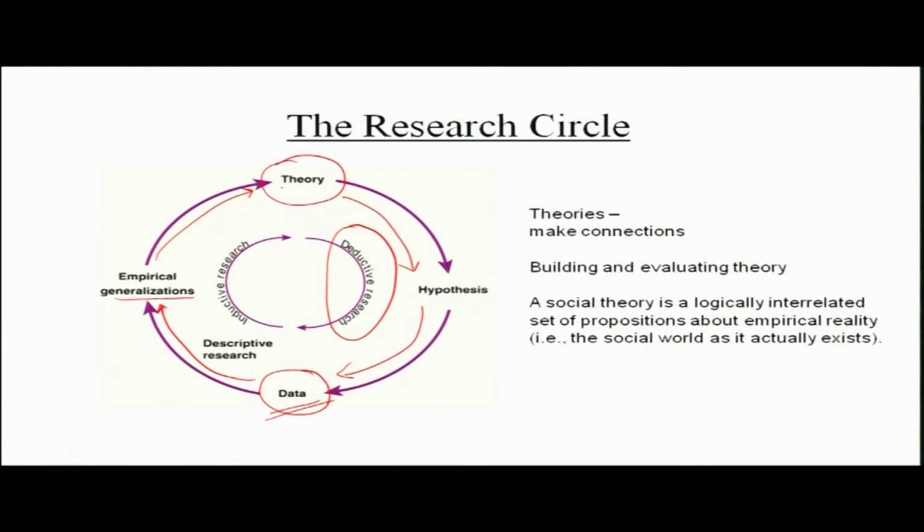So this relationship between data and theory in any given social science research is to make connections, and the way that social theories are built and evaluated, they actually form as a logically interrelated set of propositions about empirical reality, that is, the social world as it actually exists.